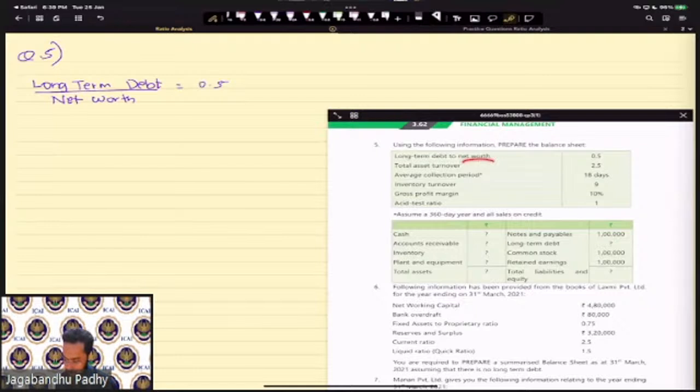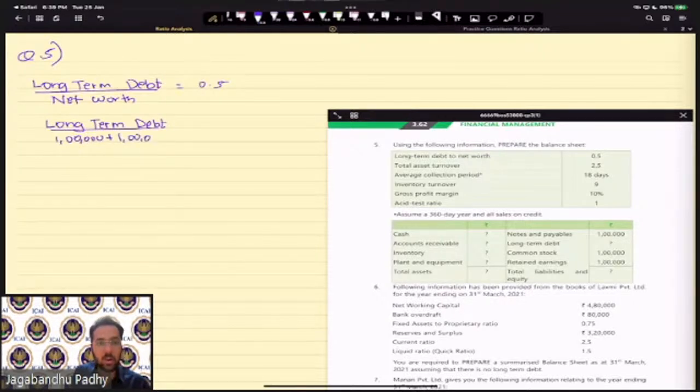But net worth, yes, I know. We have common stock and the retained earnings. So long-term debt upon net worth is basically common stock of 1 lakh plus retained earnings of 1 lakh, so that ratio is 0.5.